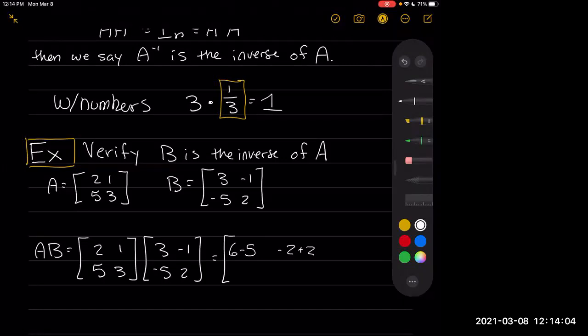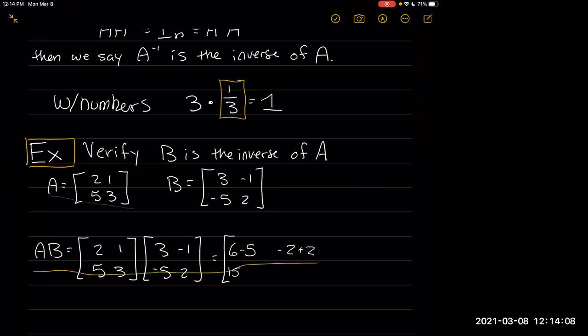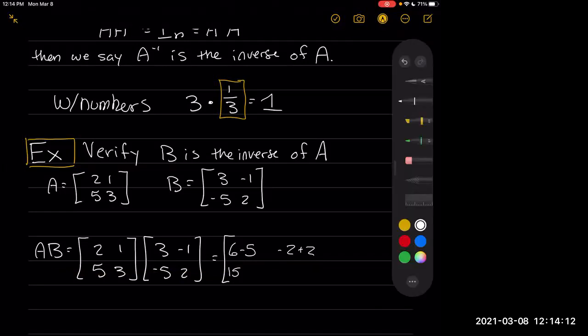That is 15 minus 3 times, whoa, where'd that line come from? Okay, sorry. Okay, and then we're going to have 3 times -5, so that's a -15. And then we're going to have 5 times -1, -5, plus 3 times 2, +6.